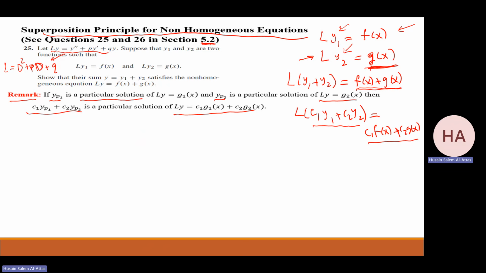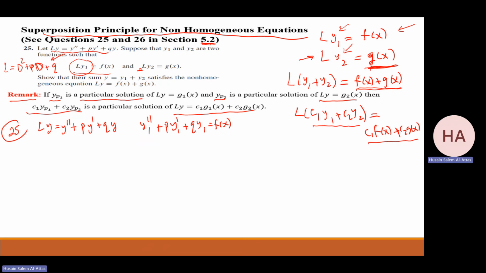Let me first show this, question 25. He said, show that if you have L of y is y double prime plus p y prime plus qy, and y1 is a solution for f, it means if I apply L on y1, I have y1 double prime plus p y1 prime plus q y1, I'm getting f.